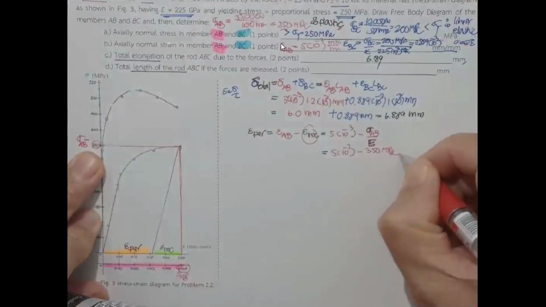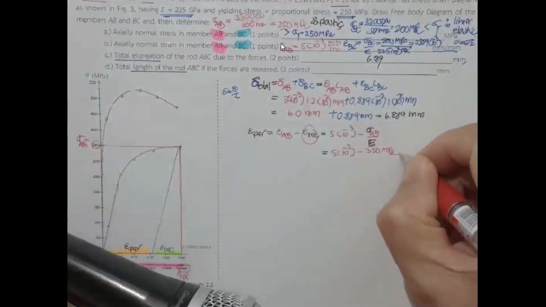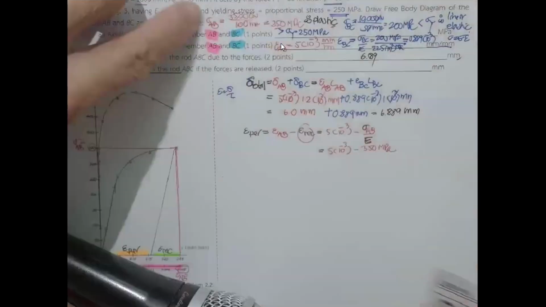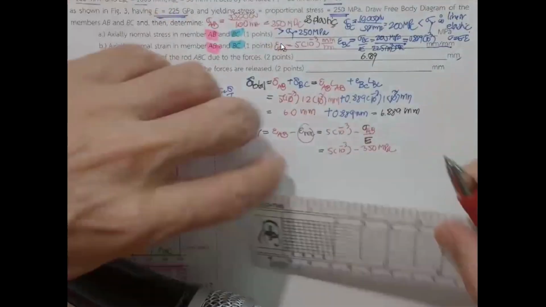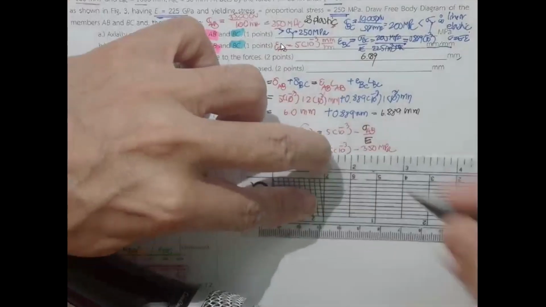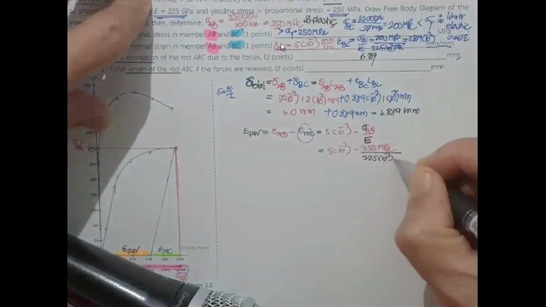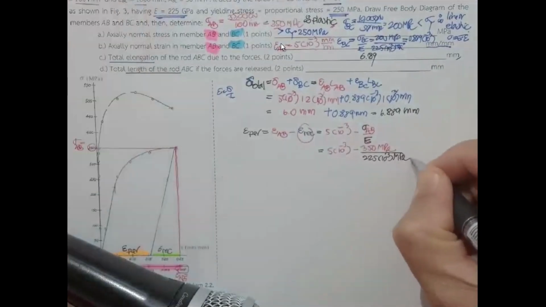350 megapascal, and then divided by the E over here, divided by 225 times 10 to the power 3 megapascal.